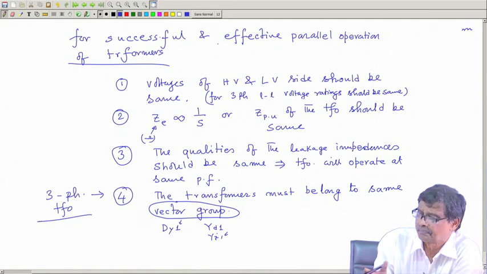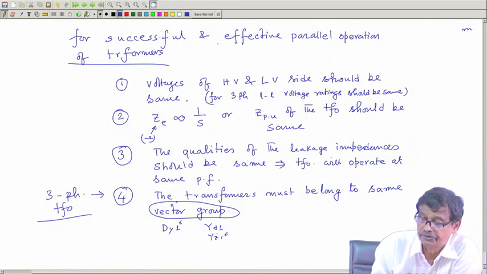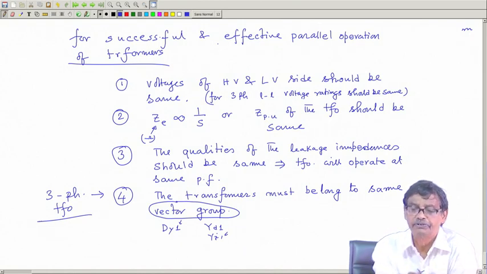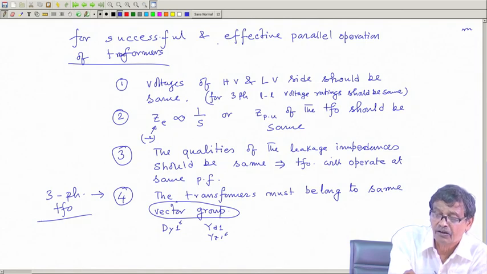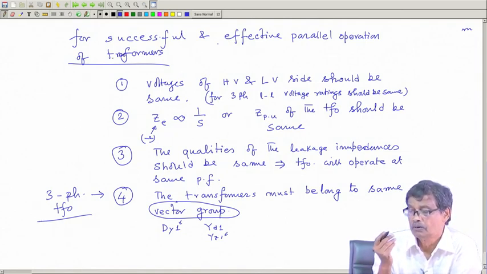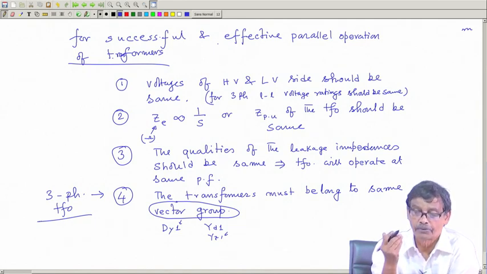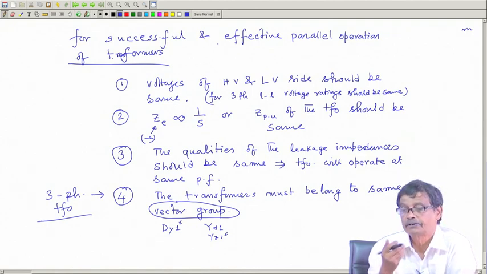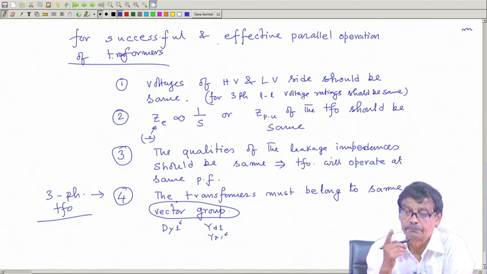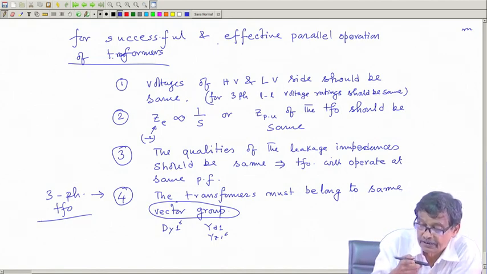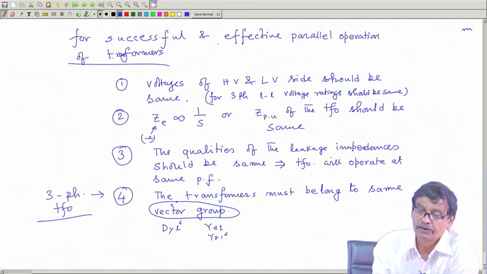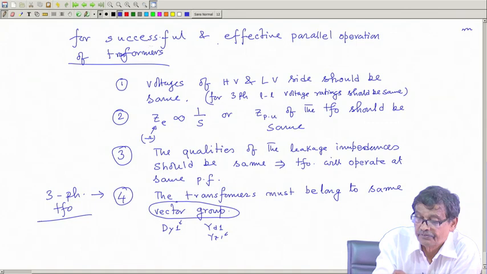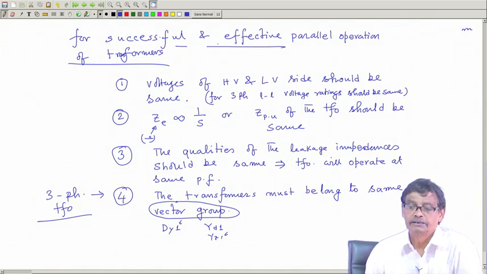So, this is in short, or whatever you call it, not so short, but I hope I have been able to give you some idea of how transformers can be operated in parallel, what is the need of making transformers operate in parallel, and most importantly, you must have appreciated these conditions, why they are to be fulfilled in order that successful and effective parallel operation can be implemented.